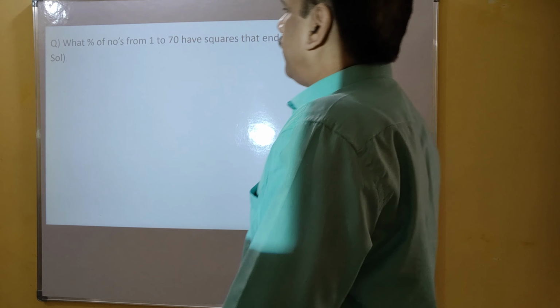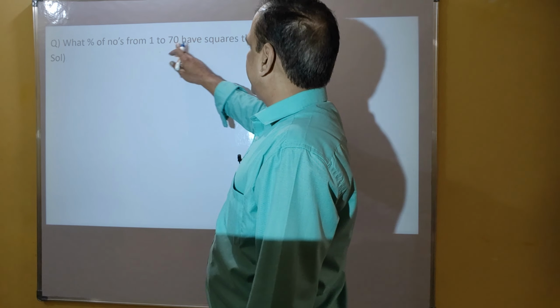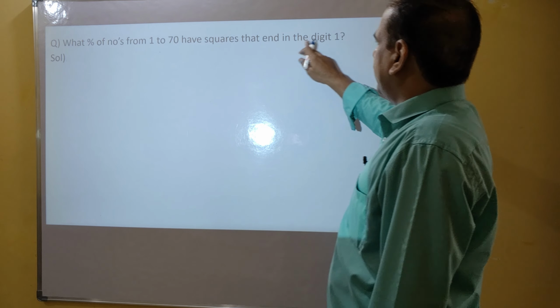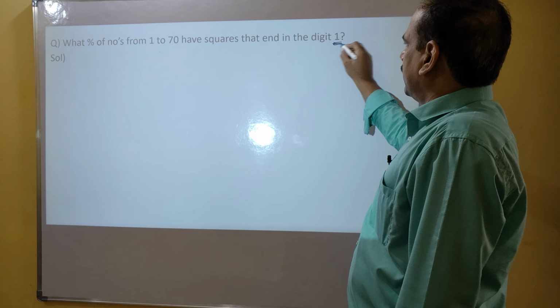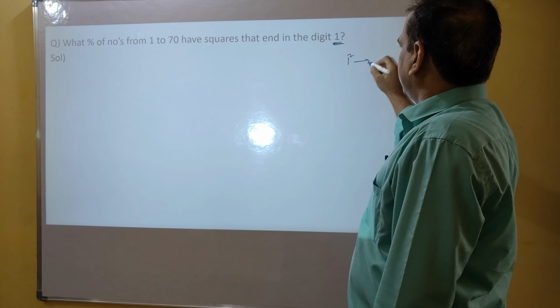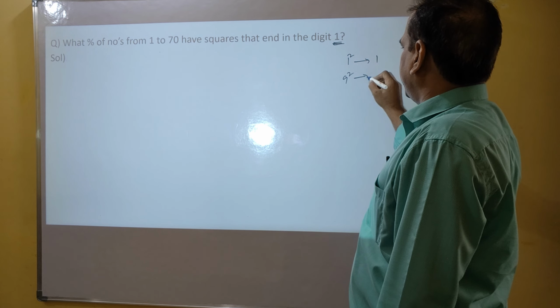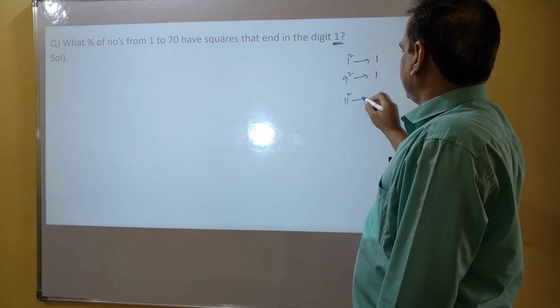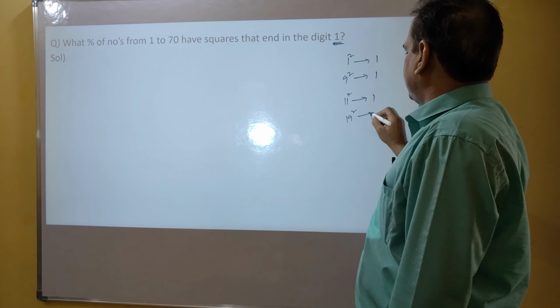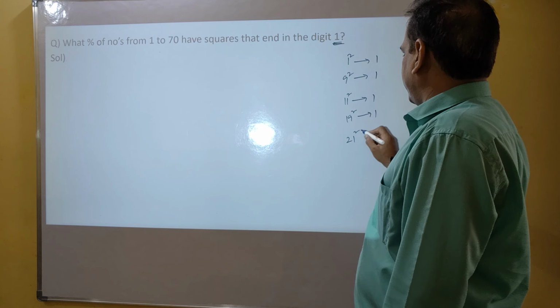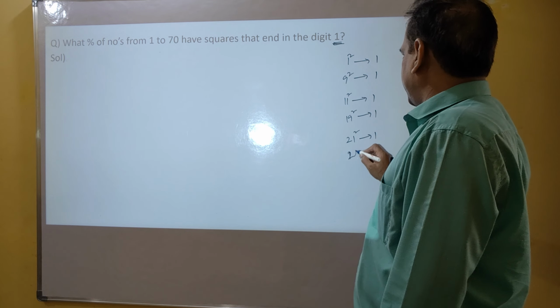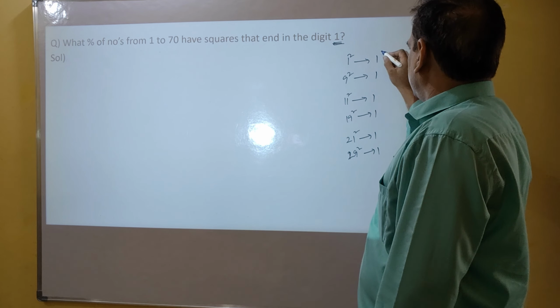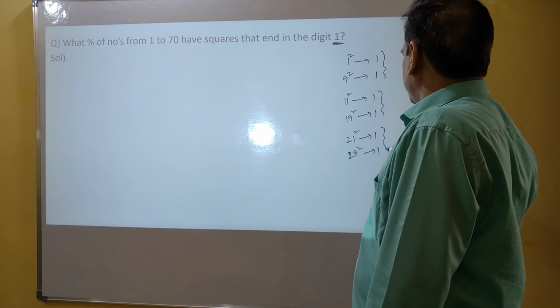So in this problem, what percentage of numbers from 1 to 70 have squares that end in the digit 1? So 1 square ends in 1, 9 square also ends in 1, 11 square ends in 1, 19 square ends in 1, 21 square ends in 1, 29 square ends in 1. So you have 2 here, 2 here, 2 here.